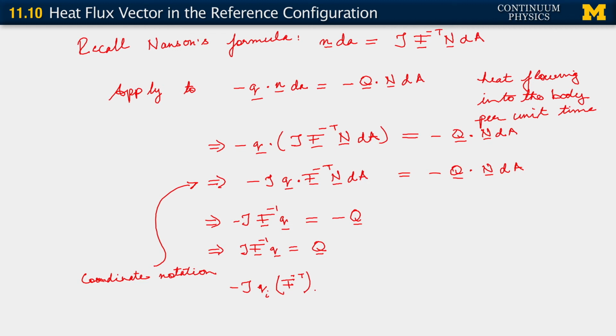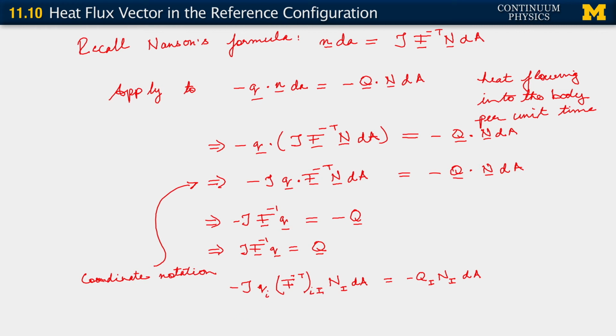Okay, now F inverse transpose has indices little i, capital I. Okay, and N has index capital I, and then we have dA. Okay, now on the right hand side, by comparison, we must have minus capital Q_I N_I dA. Okay?